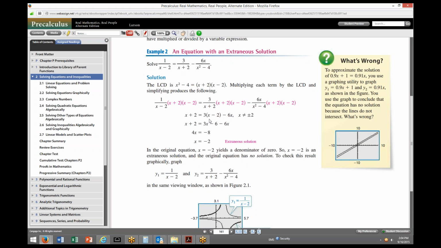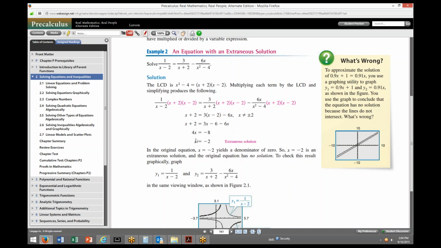x plus 2 equals 3 times x minus 2 minus 6x. Well, let's multiply out the 3 times the x minus 2 parentheses, using the distributive property as it's called, leaves 3x minus 6 on the right, and minus the 6x also. Still x plus 2 on the left.